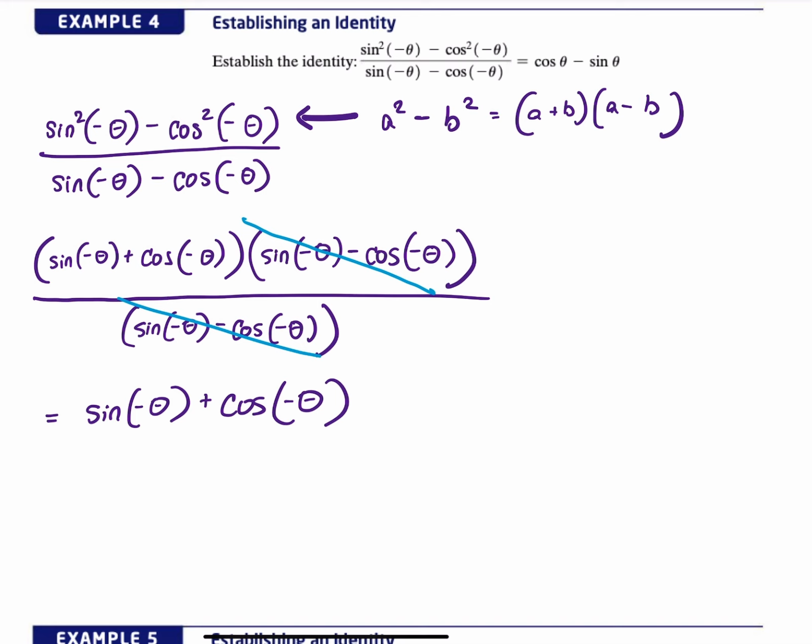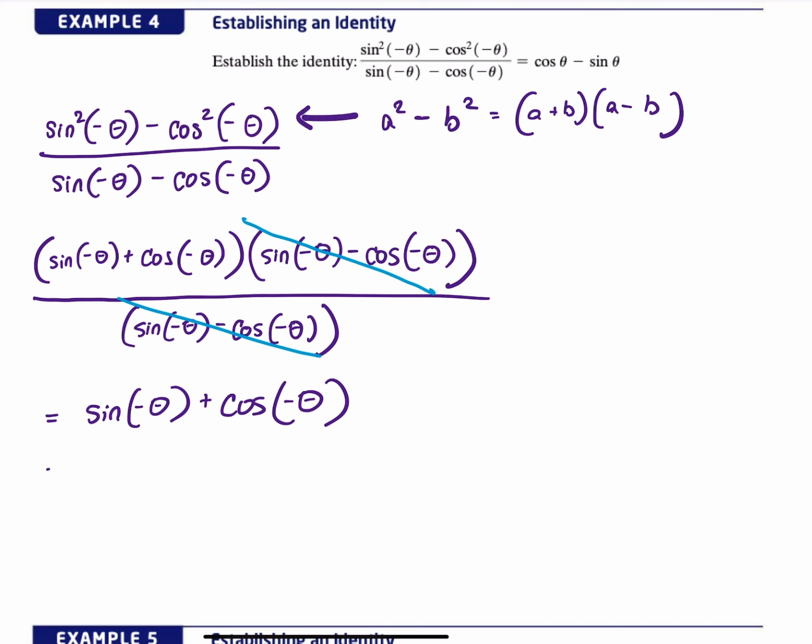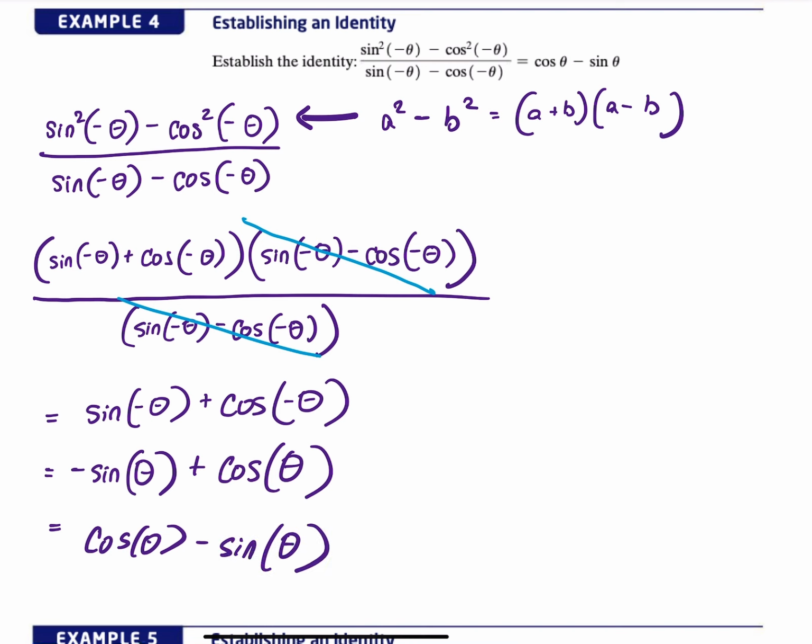So we said for the sine, we can pull the negative out in front. So negative sine of theta. And for the cosine of negative theta, that's equal to the cosine of positive theta. And then let's just swap that subtraction around. We can say this will equal cosine of theta minus sine of theta, which is our right-hand side here.